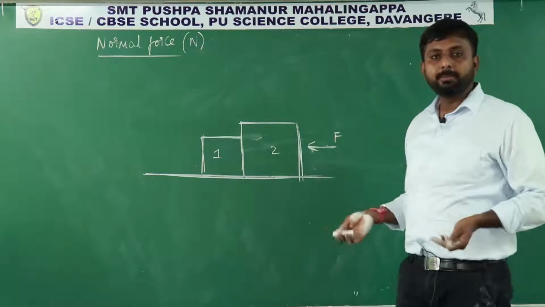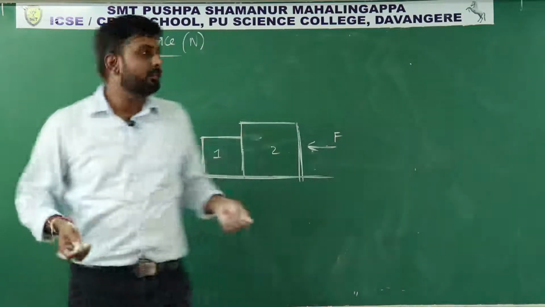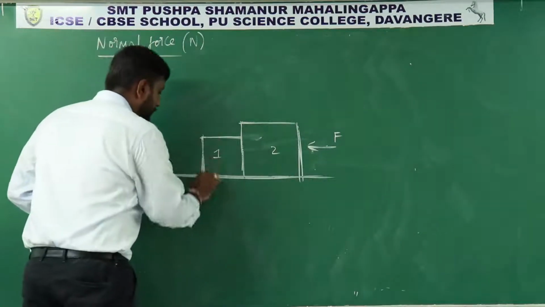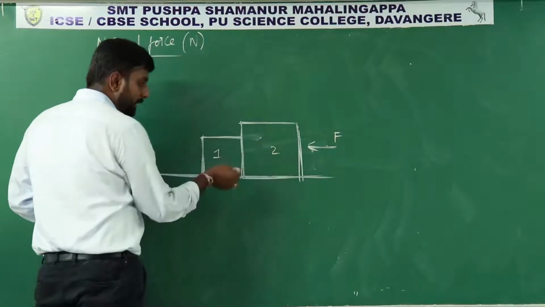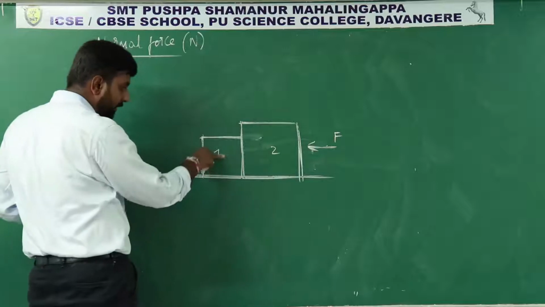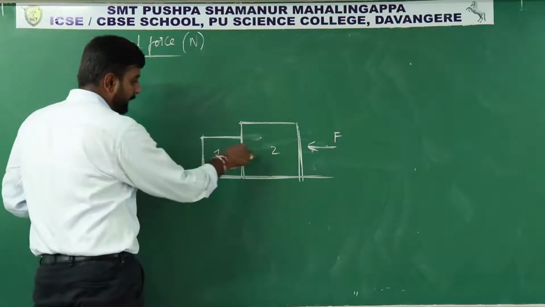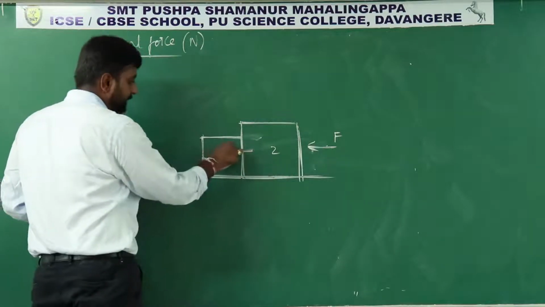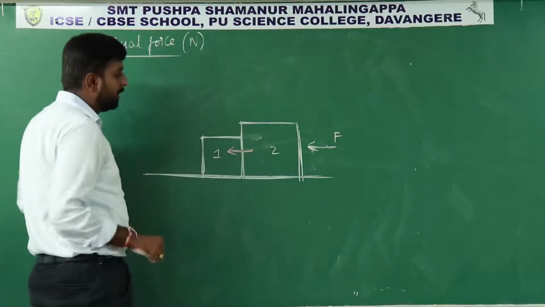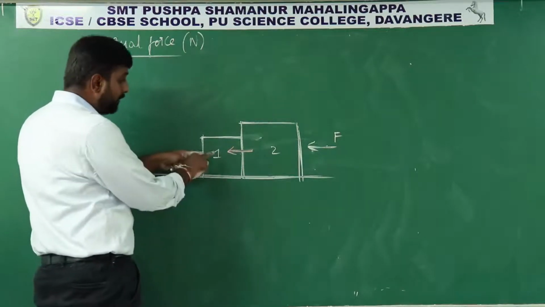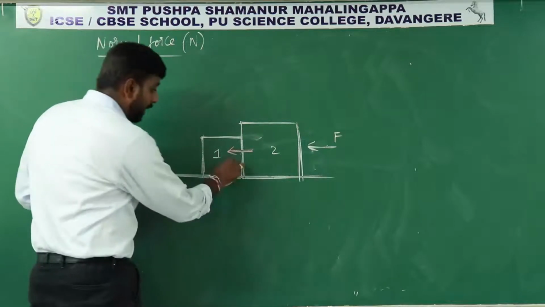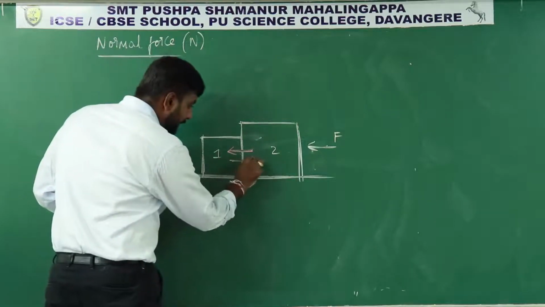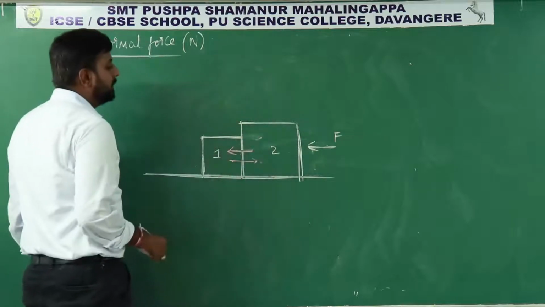So how to represent the normal forces? Between these two blocks, the second block will apply force on the first block, right? That is in this direction, okay. And this first block also will apply force on the second block. That will be in the opposite direction. Why?